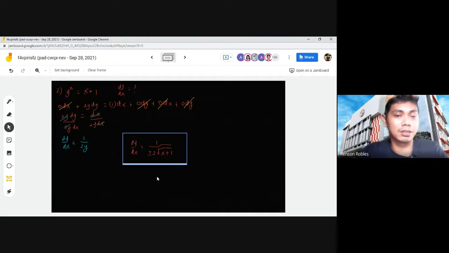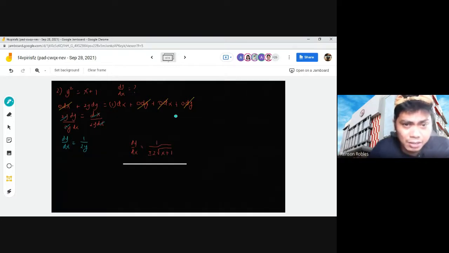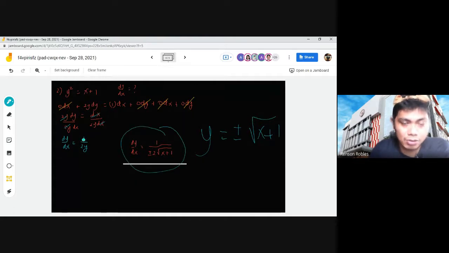So first method natin, by explicit, okay? And this is the implicit derivative. And you try to remember from here, y squared equals x plus 1, you know that y is equal to plus or minus the square root of x plus 1. It's either ito yung galawin nyo or ito. Kung gusto nyo itong galawin, that will become dy dx equals 1 all over 2 times plus minus the square root of x plus 1, which is your y.